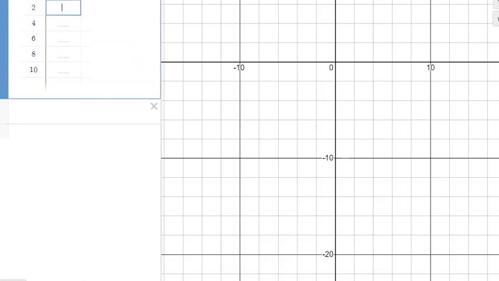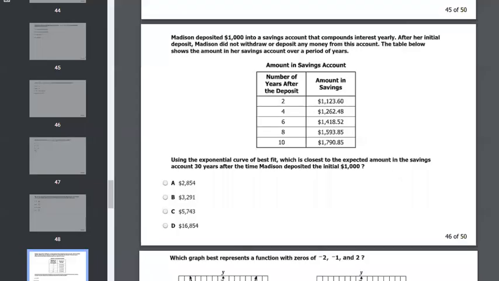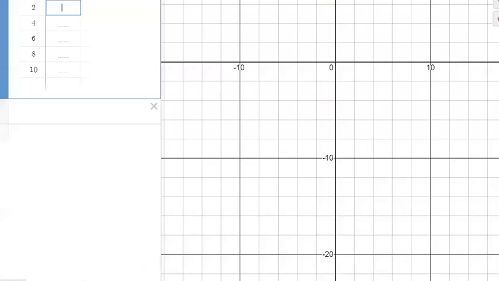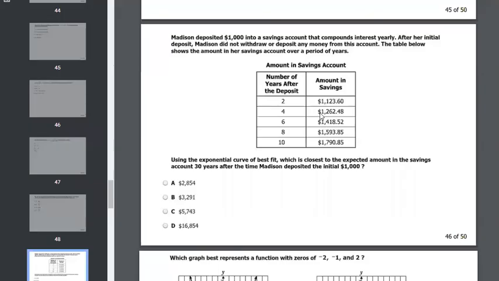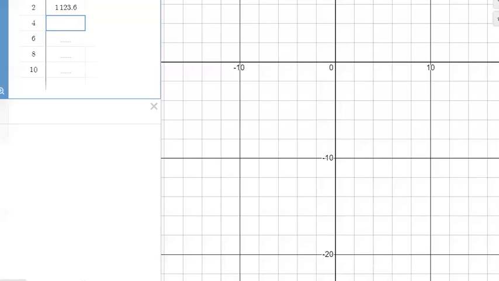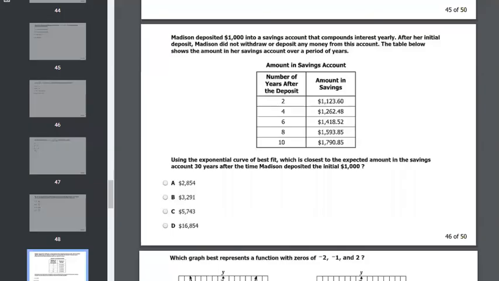And then for the Y values, I have 1123.6. And then 1262.48. And then 1418.52.